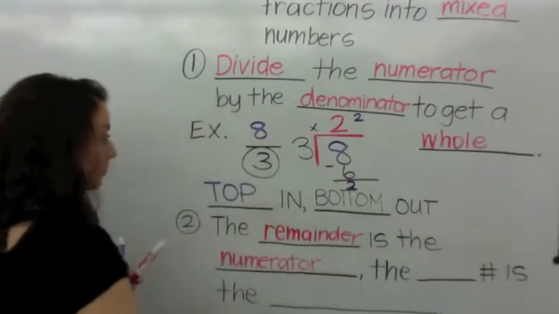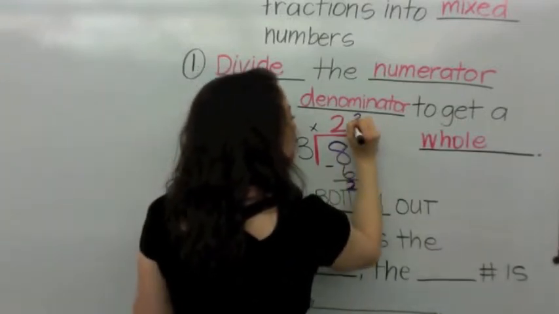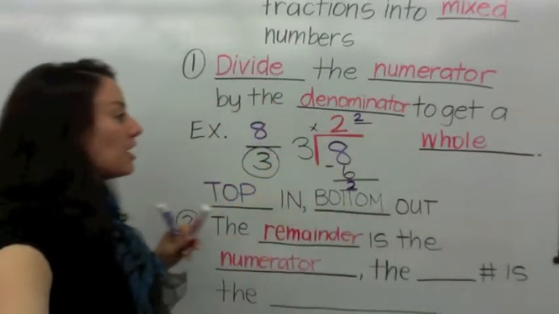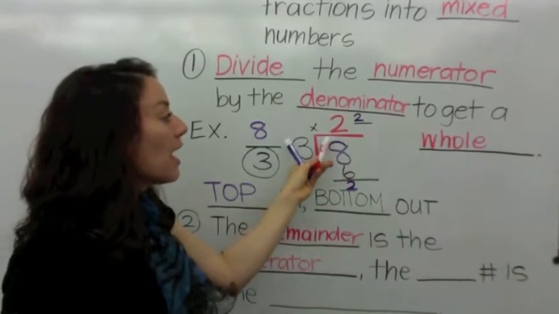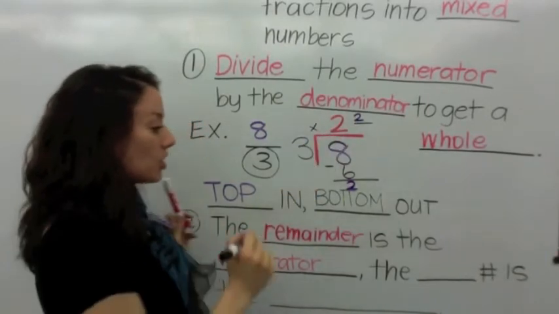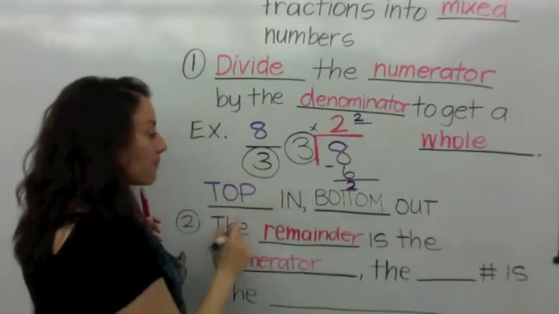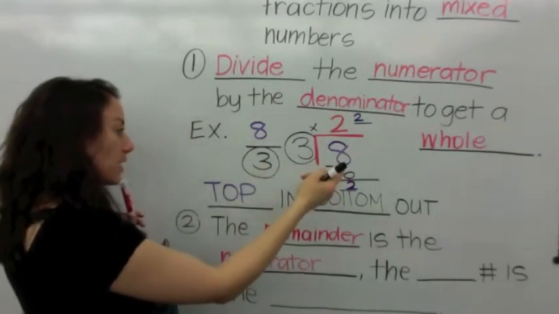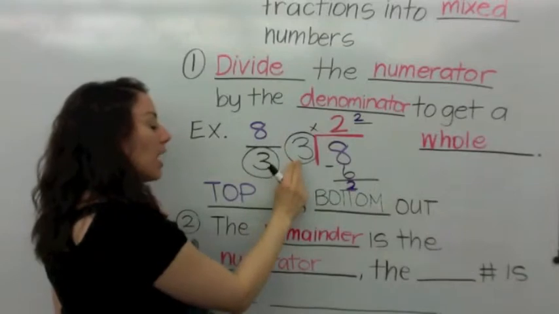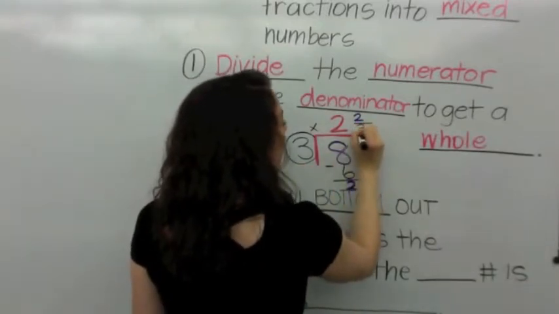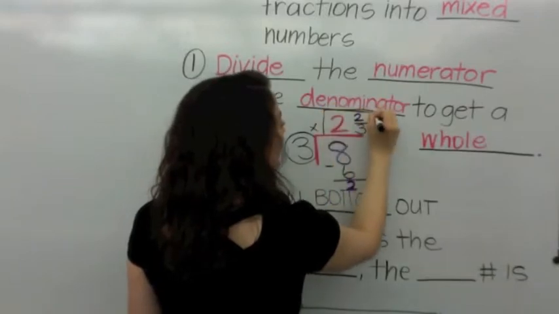Of the fraction. Now, what is going to be the denominator? What do you think? What's going to be the denominator of the fraction? It's going to be 3, and 2 out of 3 is left over. We're working in thirds, right? So whatever number is the bottom number, or the denominator, also becomes the denominator in your mixed number, okay?